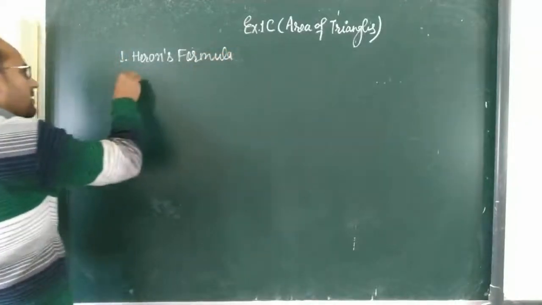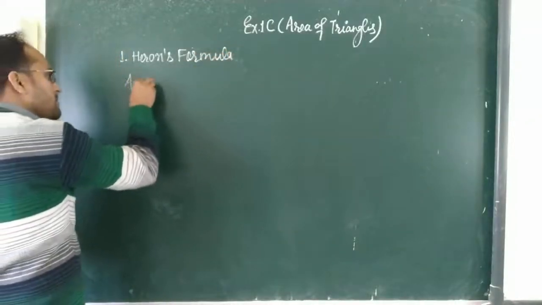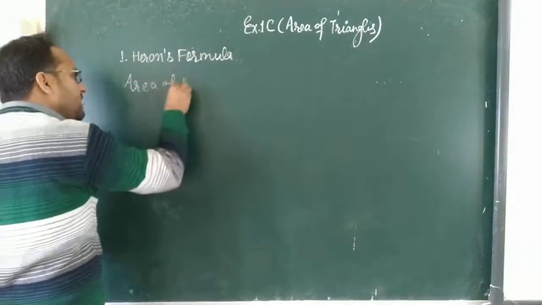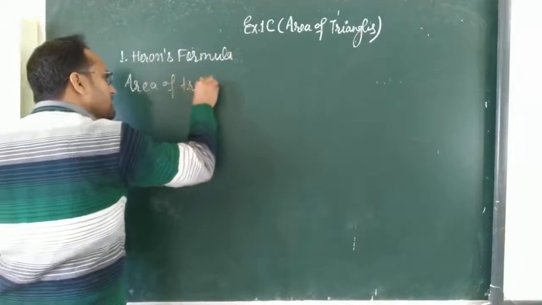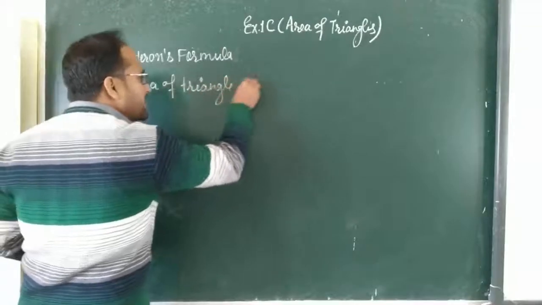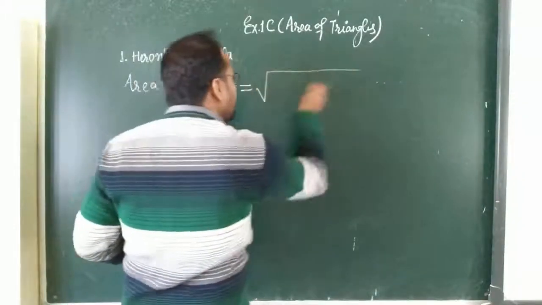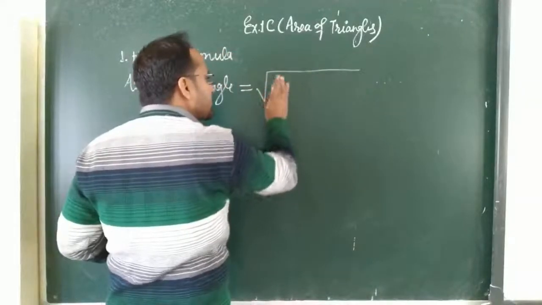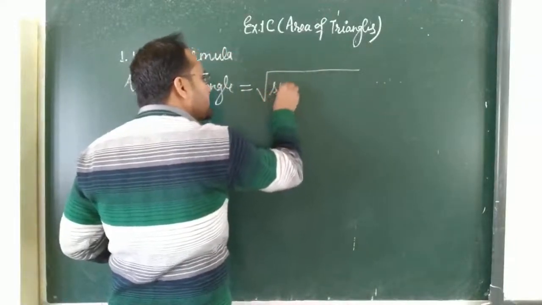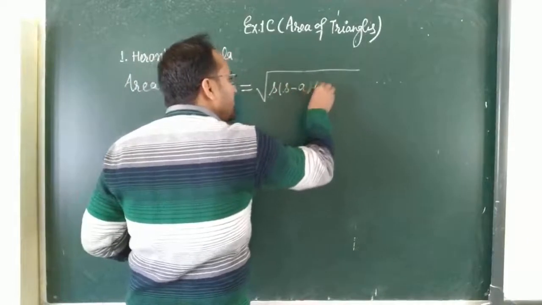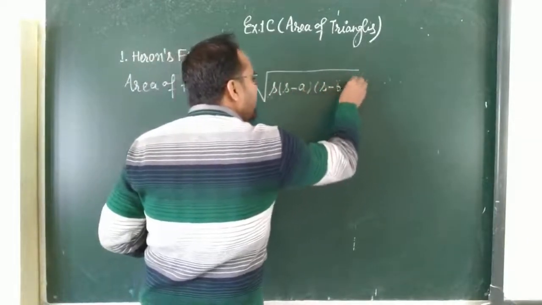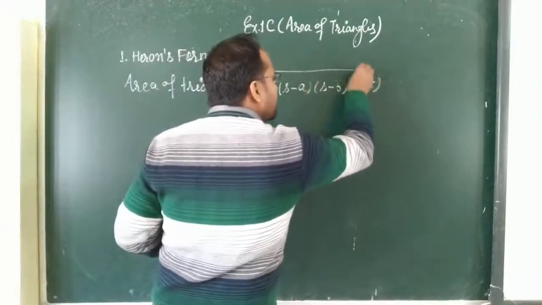Formula: area of a triangle whose all sides are different. Then we use the formula: under root, this is called root, small s, s minus a, s minus b and s minus c. This is the formula.